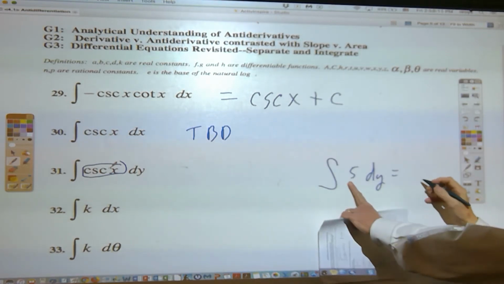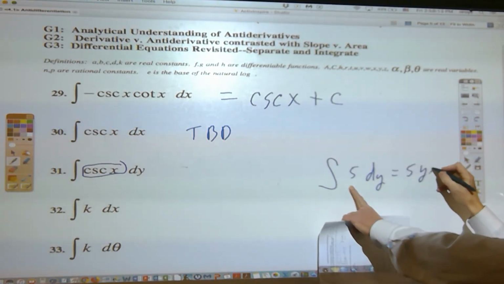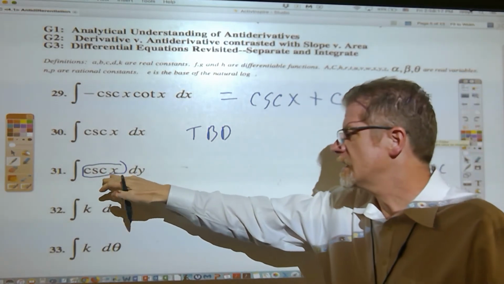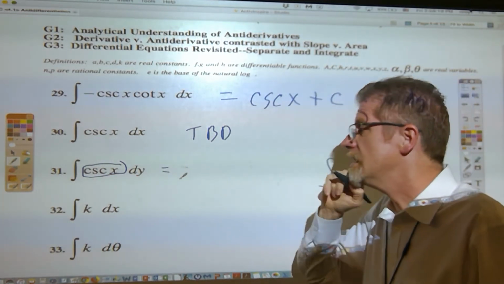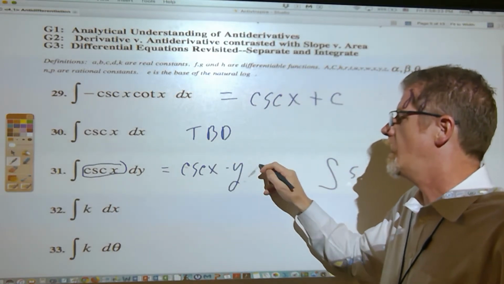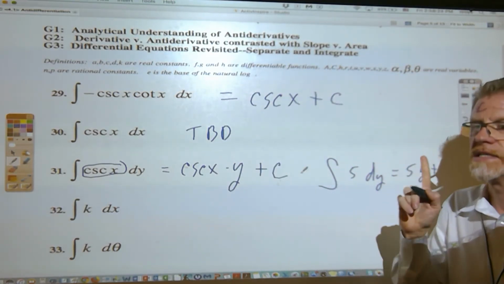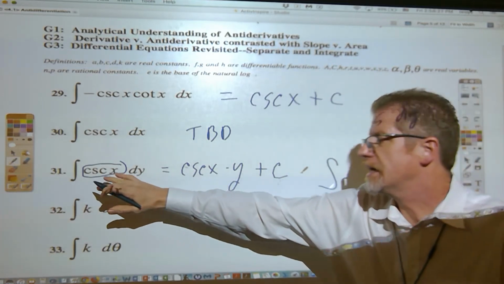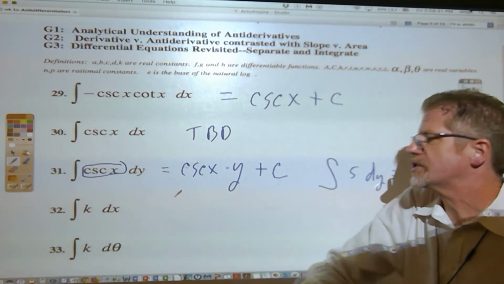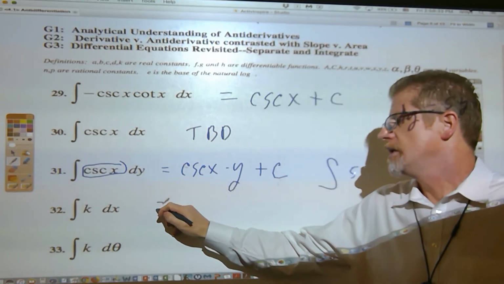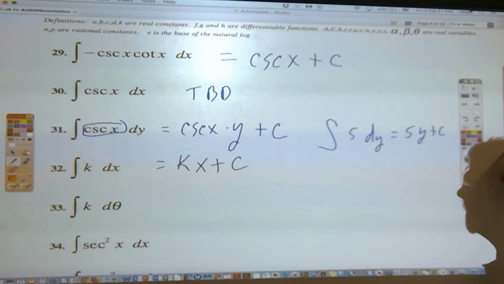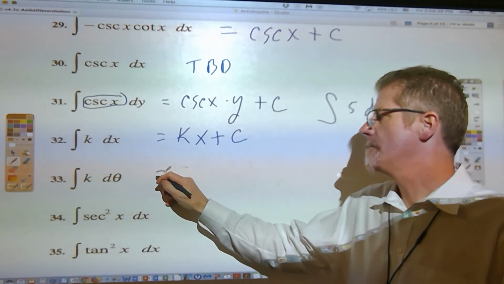So just like the antiderivative of 5 dy is 5y plus c, the antiderivative of cosecant x dy is cosecant x times y plus c. Cosecant x is treated as a constant because the letters don't match up. This is just review. We've already done this problem. Kx plus c. Try number 33.